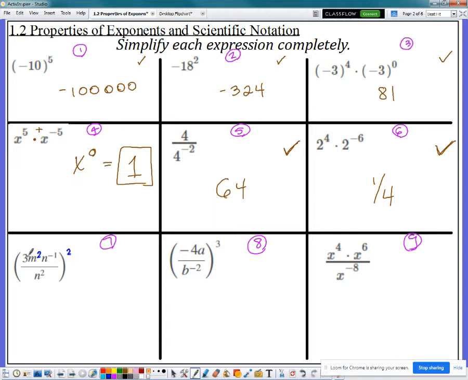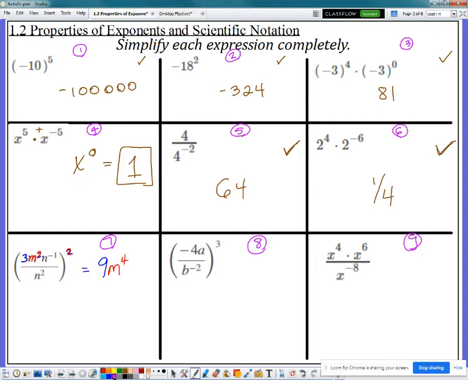So remember, this is 3 times m squared times n to the negative 1. What is 3 squared? 9. And let's take m to the 2nd, raise that to the 2nd, and you get m to the 4th.